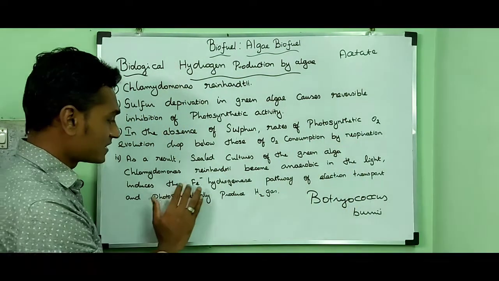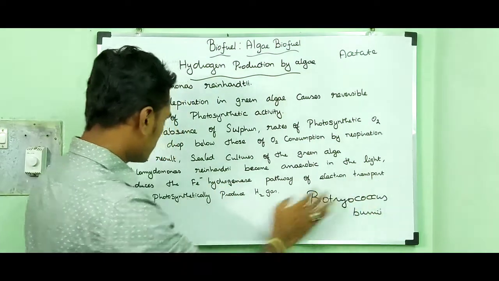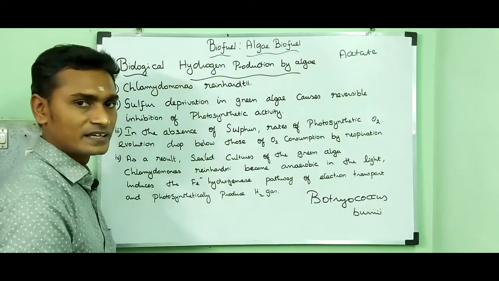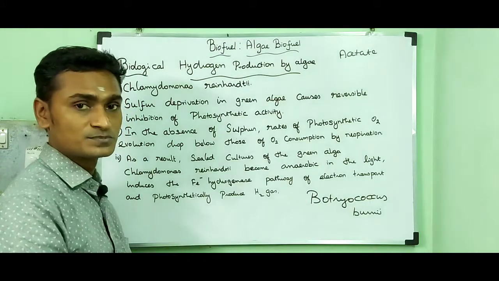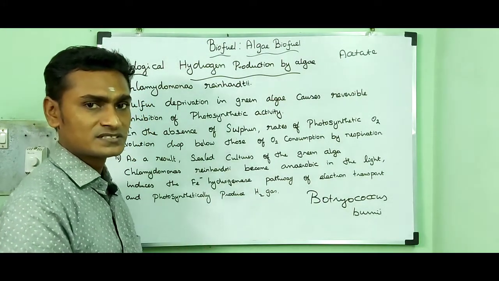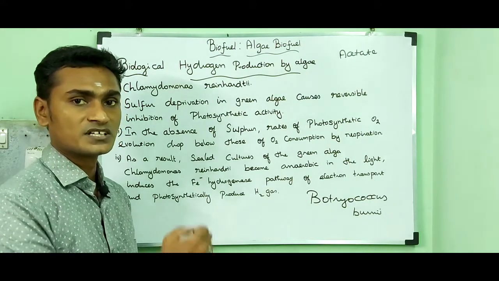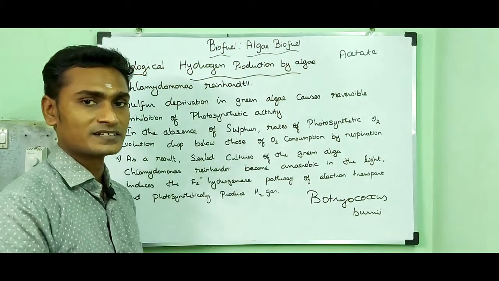Then it induces the Fe hydrogenase pathway of electron transport and photosynthetically produces H2 gas. So this is how Chlamydomonas reinhardtii produces hydrogen gas, and it is a big process. If time permits, I will tell you the methods involved in this process to produce hydrogen.